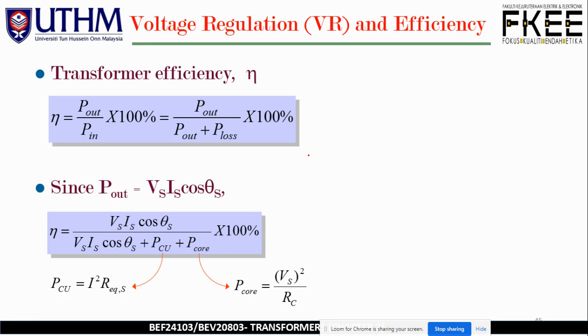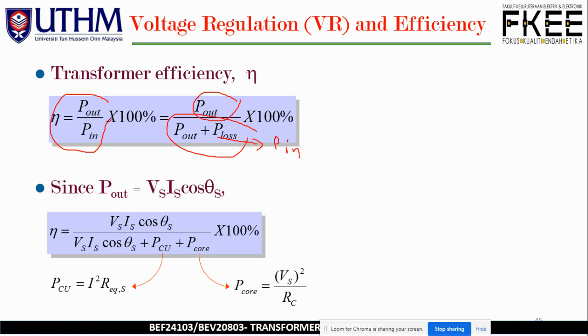All right, now how about the transformer efficiency? Okay, so the efficiency equals P out over P in multiplied by 100%. So P out stays as P out and P in is actually P out plus P loss, right?